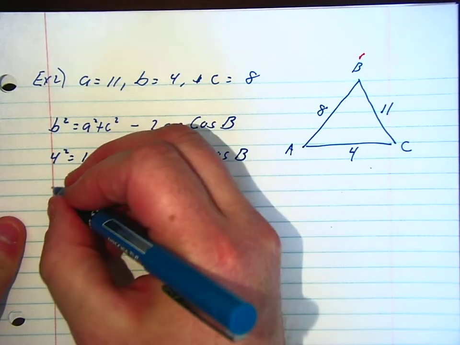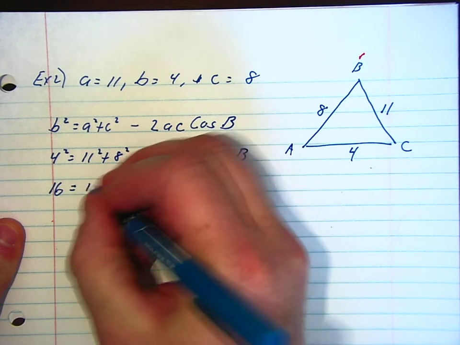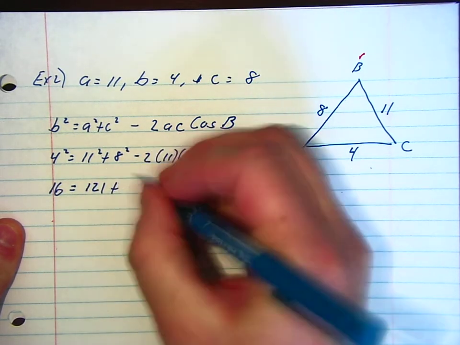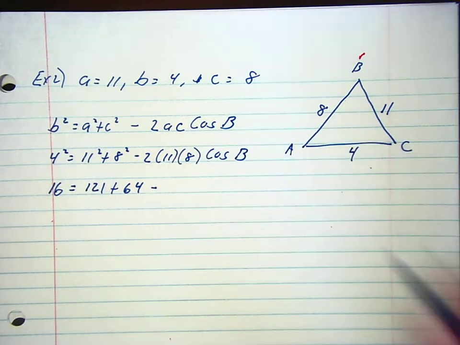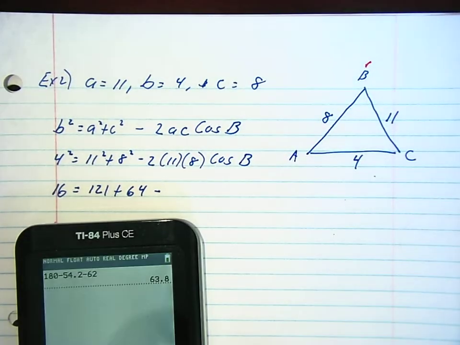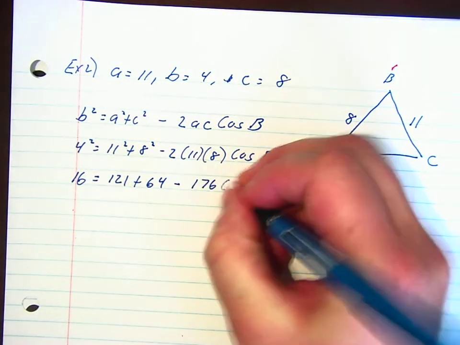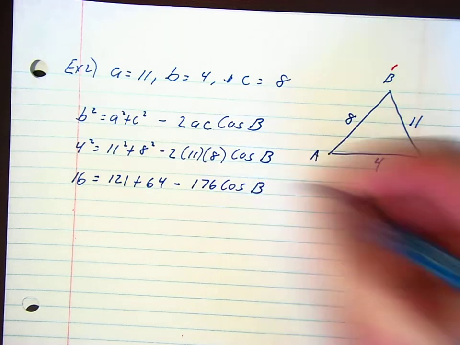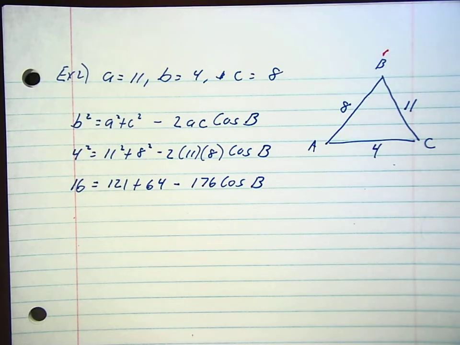So 4 squared is 16 equals 11 squared is 121, 8 squared is 64, minus 2 times 11 times 8. Let me just put that in here. 2 times 11 times 8 is 176 times the cosine of B. All right, so right off the bat, I will show you right now, you've got to remember the number one mistake people make here.